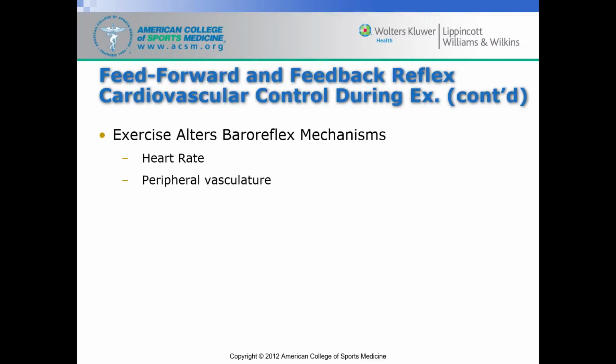Now, we did mention this before. Exercise alters baroreflex mechanisms. Well, this occurs not just with exercise, but also at rest. Your baroreflex is when your baroreceptors detect a change in pressure. They send a message to the central command, and the central command uses the autonomic nervous system to adjust the heart rate. So during exercise, you have an increase in cardiac output.